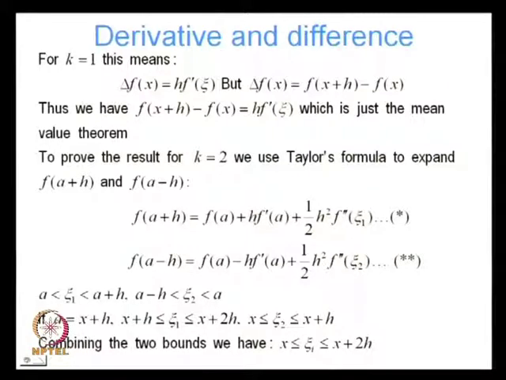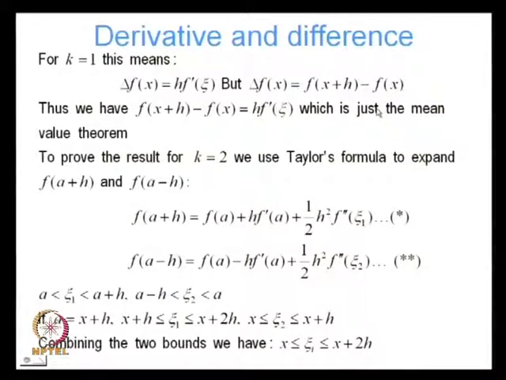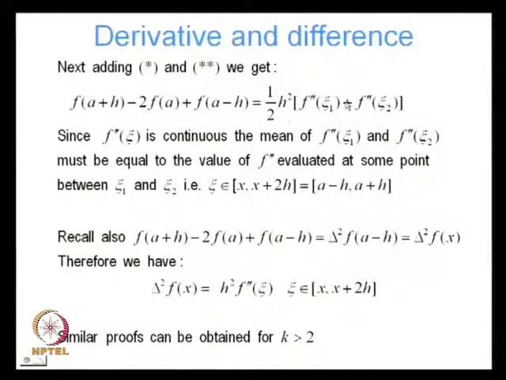So, I have f(a plus h) plus f(a minus h) minus 2 f(a), if I bring that to the left hand side, and that is equal to half h square f double prime xi 1 plus half h square f double prime xi 2. So, I have that term.